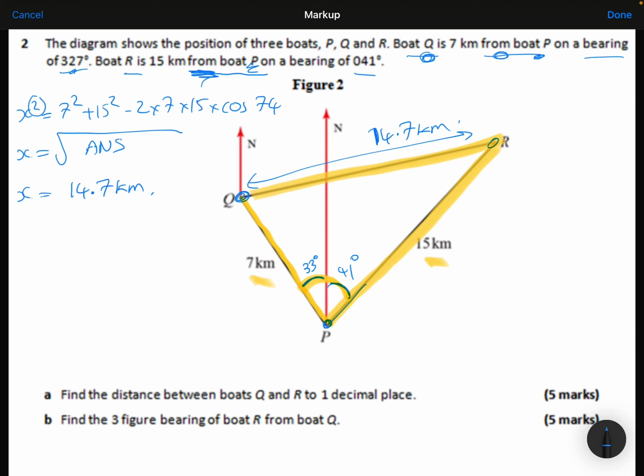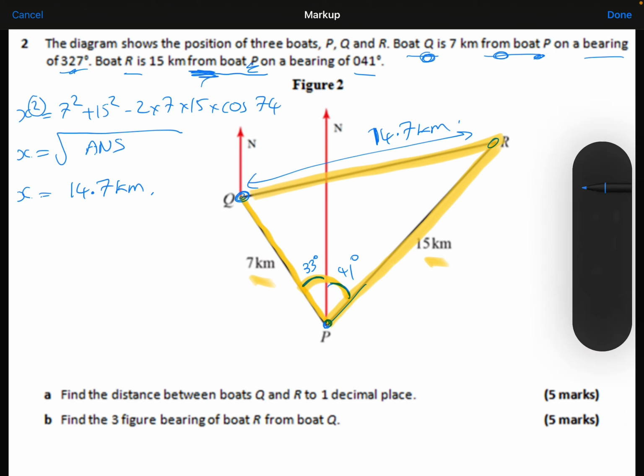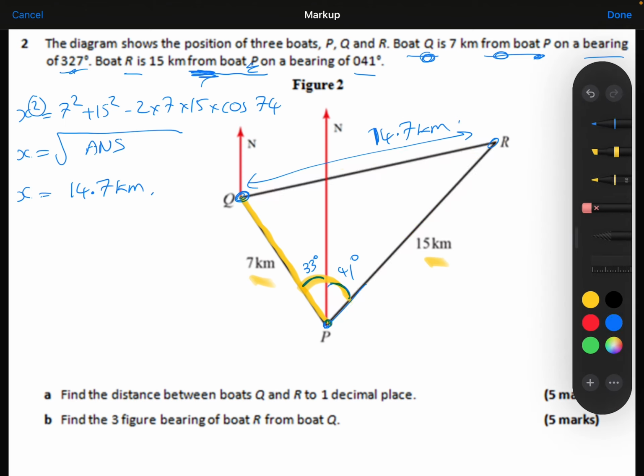Part B. Find the three-figure bearing of boat R from boat Q. So let me just tidy this up a little bit. We want the bearing of R from Q. So from Q, starting at Q, the bearing to get to R would be this bearing here.